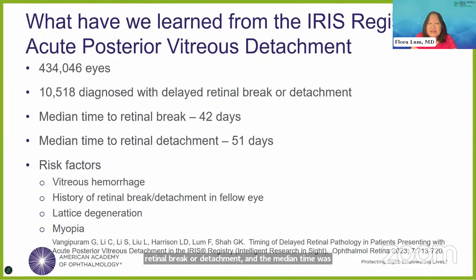We found that the risk factors were vitreous hemorrhage, history of retinal break, lattice degeneration, and myopia. And this has led to a recommendation from OMIC, our affiliated insurance company, that patients should be seen within 42 days from their initial posterior vitreous detachment.